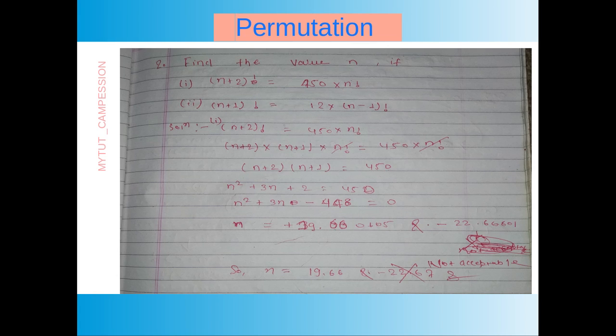I have done one for you. First is done for you. See how it is solved. n plus 2 factorial equals 450 into n factorial.